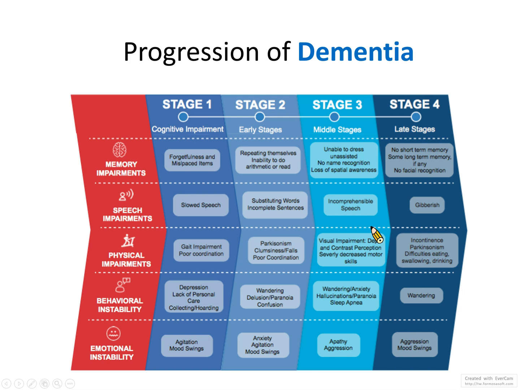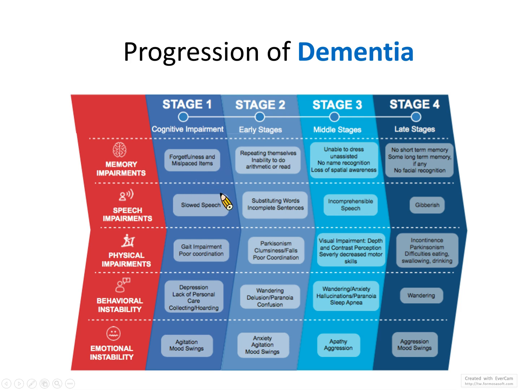About the progression of the dementia, stage 1 will be the primary symptoms of the dementia, which is the cognitive impairment. In this stage, there will be forgetfulness and misplaced items.